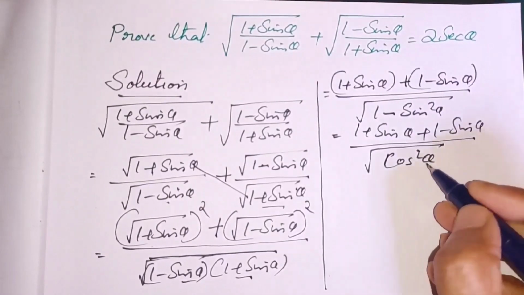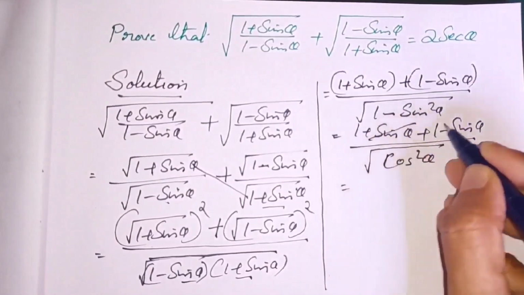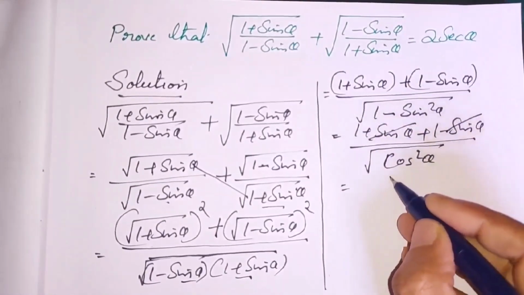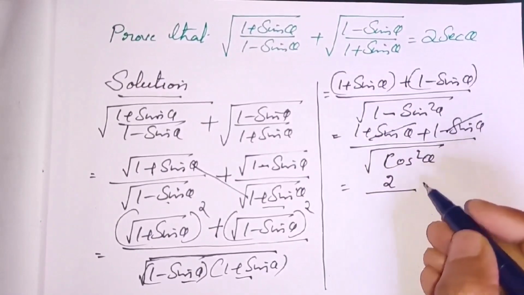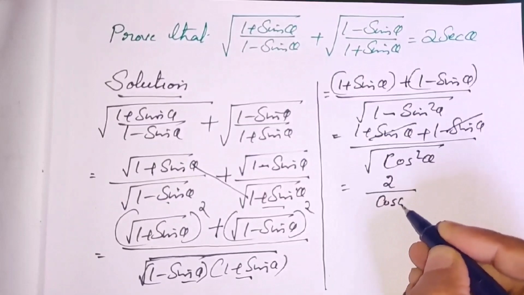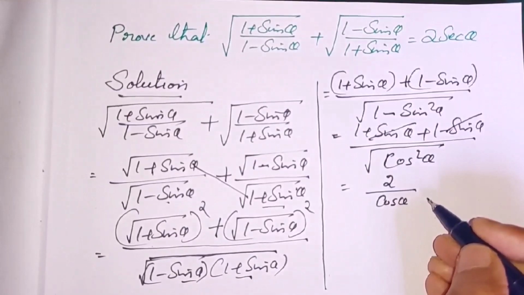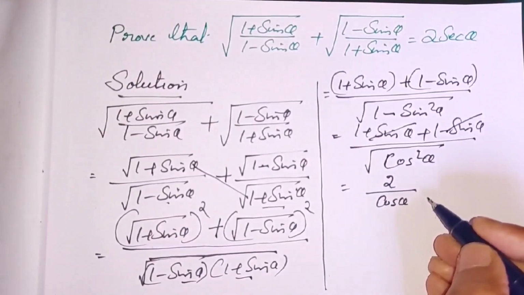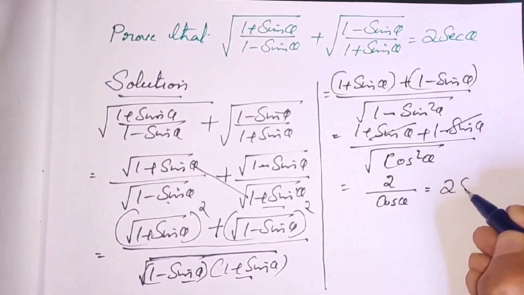So 1 minus sin square theta is cos square theta. So sin theta gets cancelled. 1 plus 1 is 2. 2 by square root of cos square theta is cos theta. Square root of a square is a, square root of b square is b, square root of 2 square is 2, right? So square root of cos square theta is cos theta. That is equal to 2 by cos theta, which is 2 sec theta.